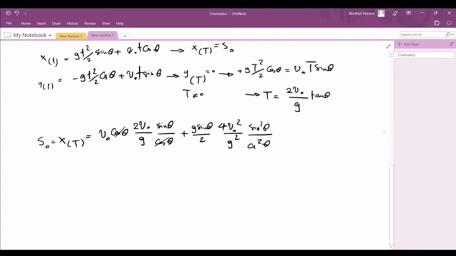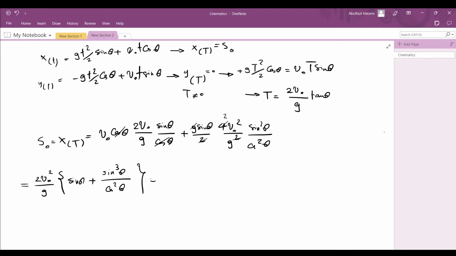I can factor the term 2 v0 squared divided by g from the terms, and here we have some trigonometric expressions, sine of theta plus, and I can eliminate this with this and also this with this. 2 v0 squared divided by g, and here we have sine to the power 3 divided by cosine to the power 2. Again, I can simplify this.